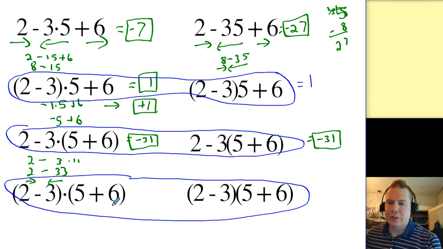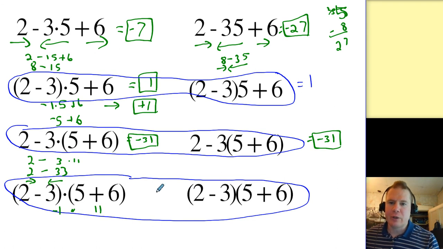All right, here 6 is not a term by itself. It's inside the parentheses with the 5. So I'm doing that operation. 6 plus 5 is 11 times 3. No, the 3 is in parentheses. The 3 is being subtracted from the 2. 2 minus 3 is negative 1. Now that I've done what's inside the parentheses, I can do the multiplication.